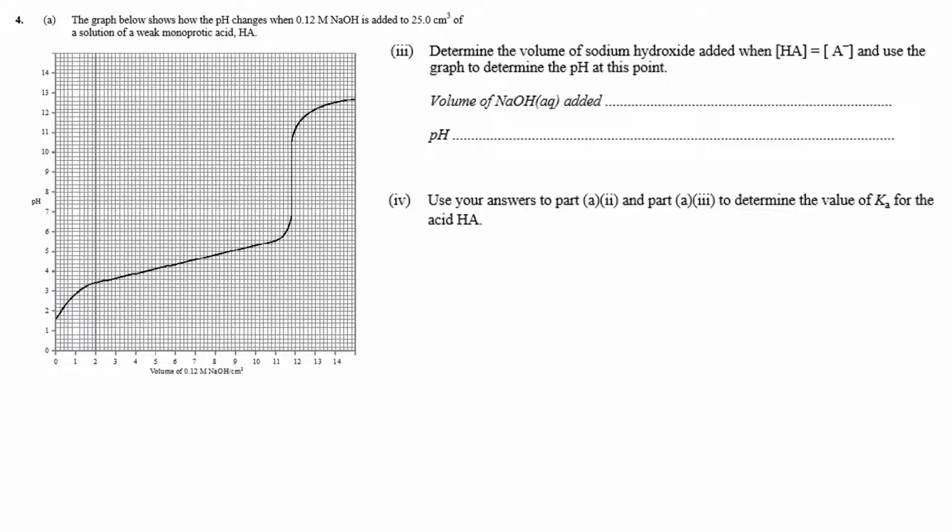It's given us a titration curve, and as you'll be familiar with, equivalence point is here, and so that's neutralization. If you were to read down from there, you get about 11.8 cm cubed of sodium hydroxide added for the neutralization.